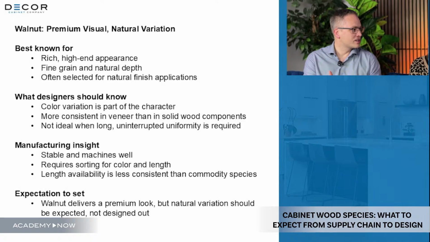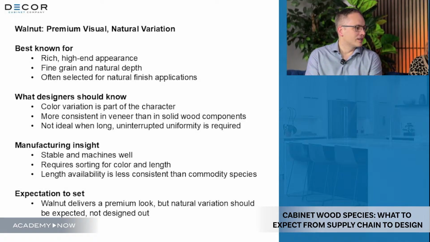Sometimes you have the two colors in one slab of wood. It's very natural, and that's what makes walnut. That variation is to be expected. If you like those tones, you have to expect some of the variety that comes with it, the dark heartwood and light sapwood.